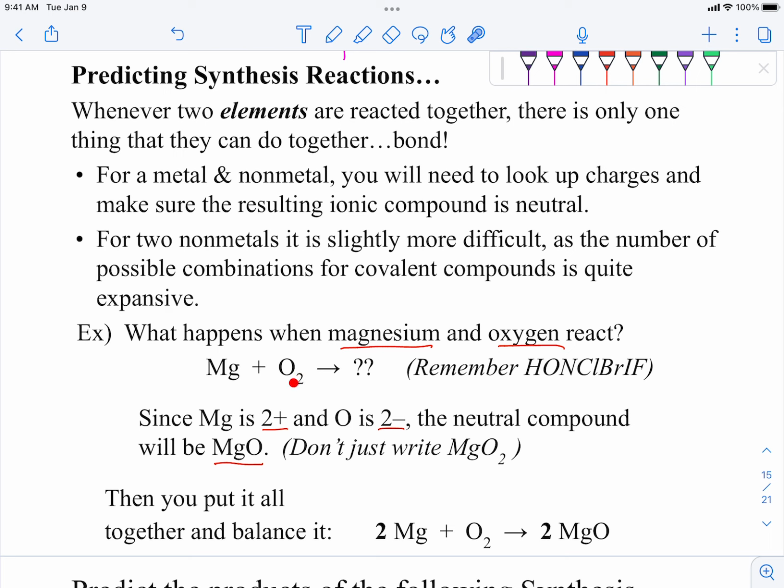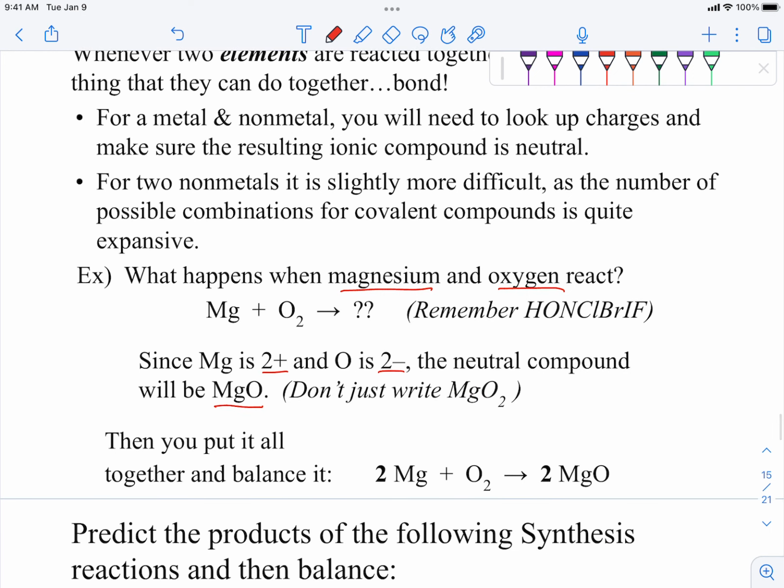Now, again, oxygen is a diatomic element, which means when it's alone and unbonded, it has a subscript of 2. But if they are bonded, that rule goes away. So we don't just write MgO2 just because O had a 2 over here. You have to reevaluate what the compound should be.